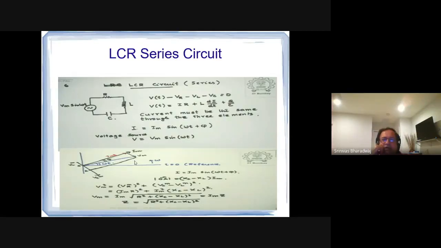Okay, so notice this is the LCR circuit written as a linear differential equation. V equals IR, which is the linear term, the non-differential part of it, plus L di by dt plus Q by C. And Q is integral I dt, so 1 by C integral I dt is the voltage across the capacitor.